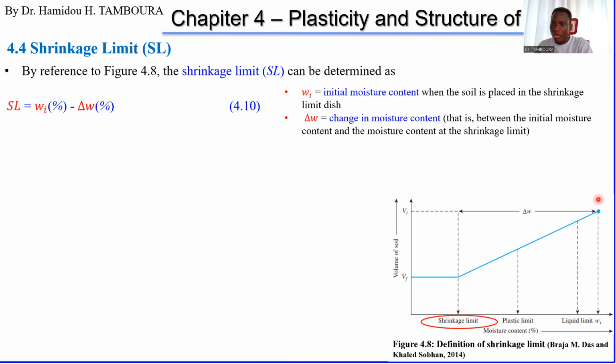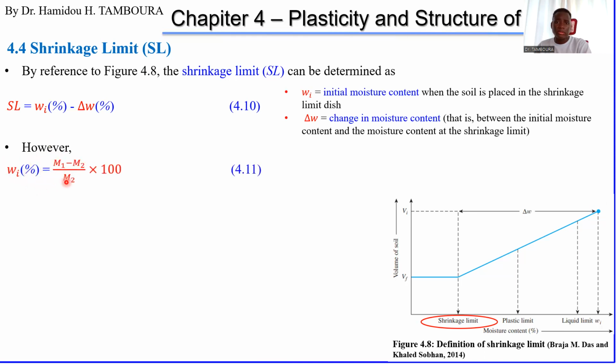So at the beginning, you have something like this, the amount is here. And if you do minus this distance, you see omega I minus this distance, you will get this shrinkage limit. That's simple, right?